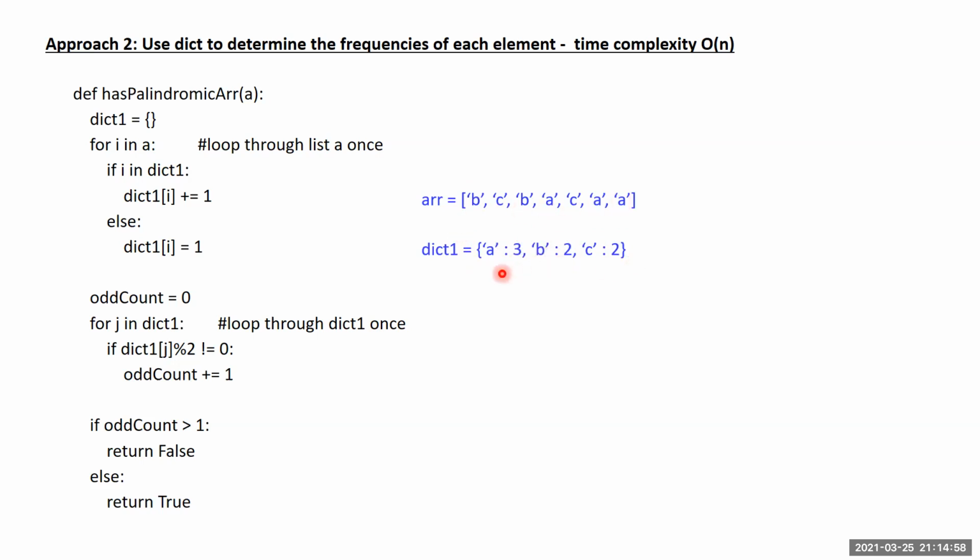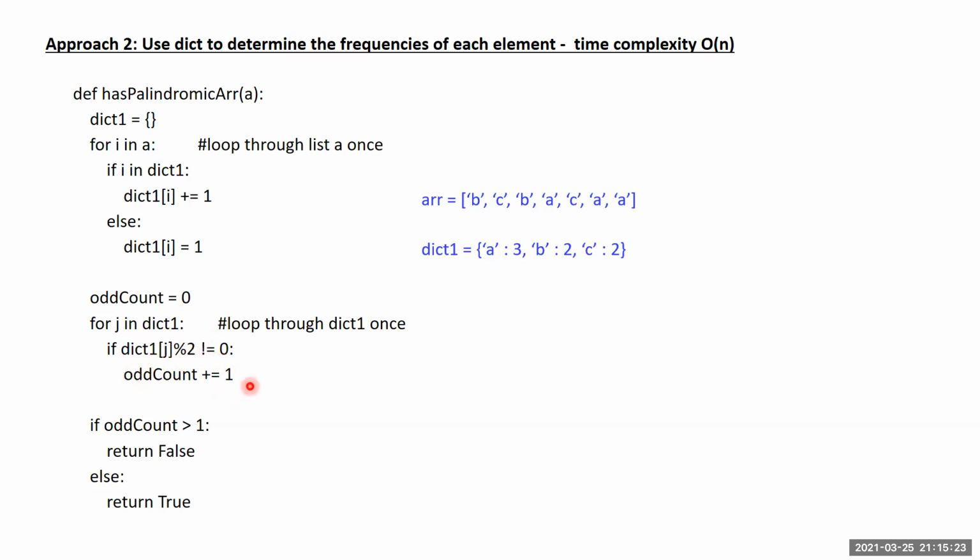Now, after that, all you need to do is to go through this dictionary to check whether any of the values is odd. So again, you have an odd count here that you initialize to 0. And as you go through each of the keys in the dictionary, you just check the corresponding value. Is there any one of them that is odd?